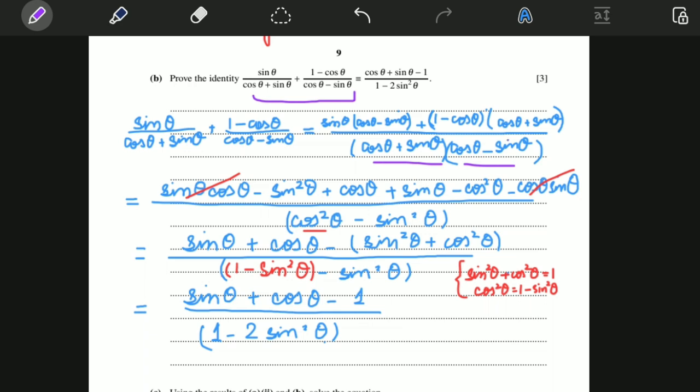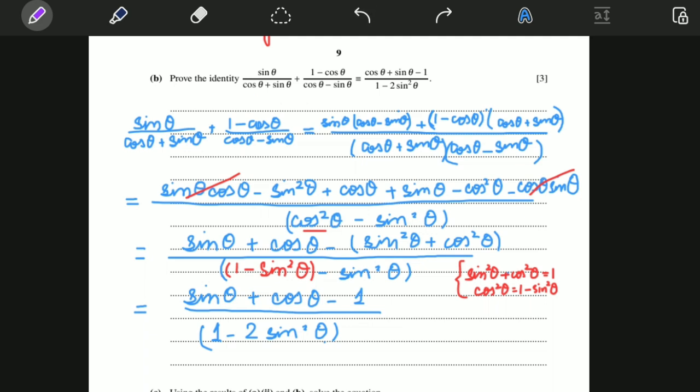After that, you know the cross multiplication, or how we solve the LCM: sine theta into (cos theta minus sine theta), and (1 minus cos theta) into (cos theta plus sine theta). So this is your first step.